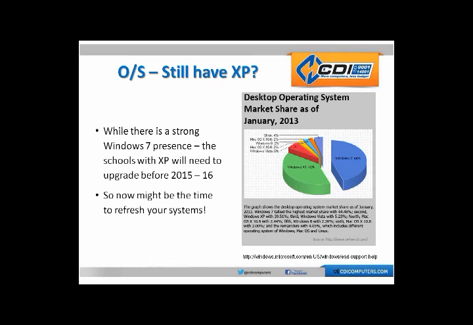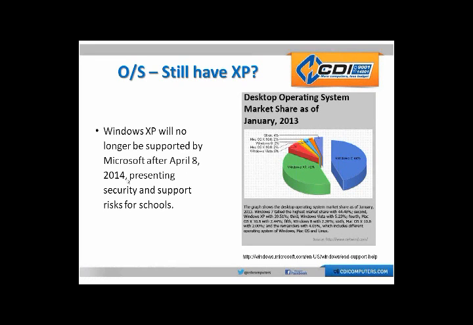I will tell you that XP, as you may or may not know, is being unsupported as of April of this year, and as a result, 2015-2016 will require you to upgrade your OS. So if you're looking at adding devices, or you're looking at upgrading devices to be suitable for the testing, it may make sense to do it all at once and move to Windows 7.